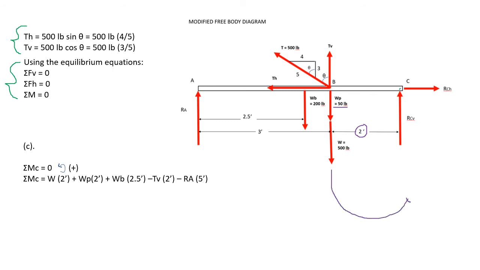So notice that these are all positive because this will cause a counterclockwise moment. Then, minus the tension vertical times its perpendicular distance about C, which is also 2 feet, minus the reaction at A times its perpendicular distance about C, which is 5.